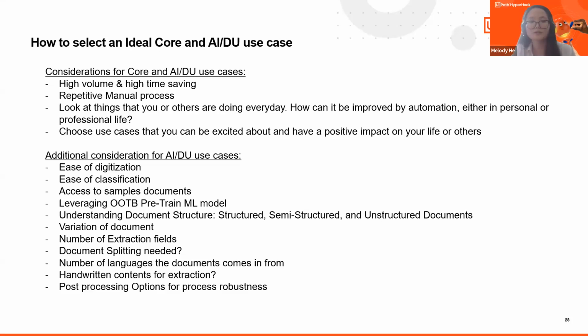Then the variation of documents, as I said, is that different vendors have very different variations, depending on how accurate you want to build the model for the hackathon. You might want to limit the variation to 5 to 10 variations for the first iteration.